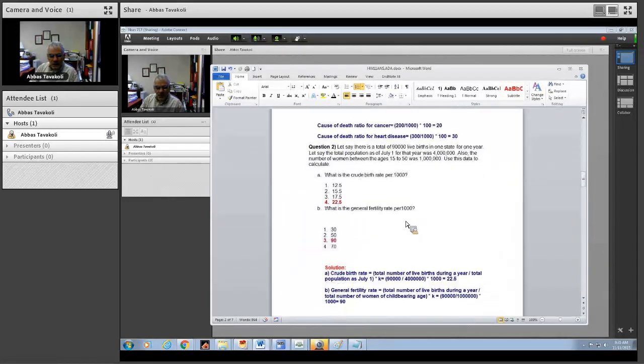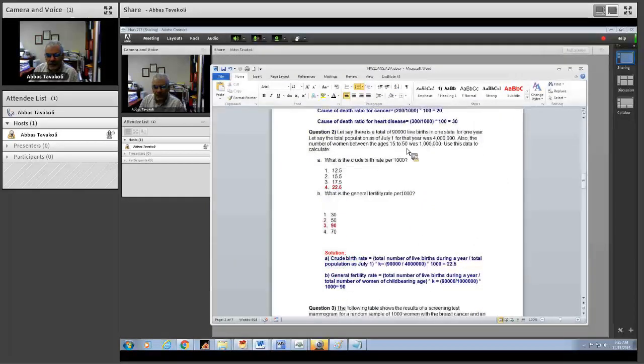Question 2, again, we have here 90,000 live births in a state for 1 year, and total population was 4 million, and the number of women between age 15 to 50 was 1 million. Crude birth rate, remember, was total live births during a year over total population.